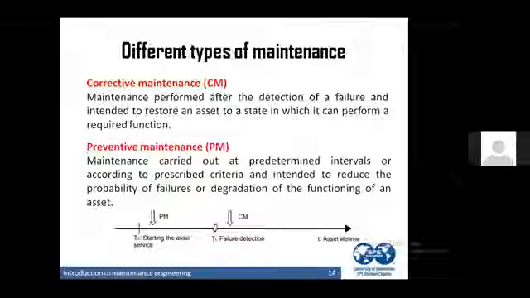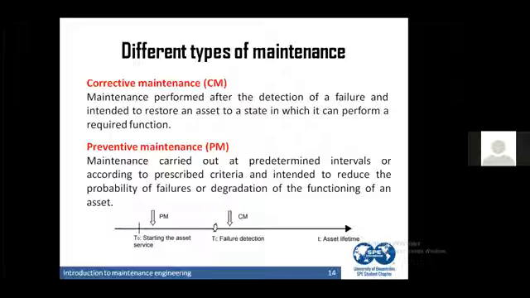In fact, those two terms define two types of preventive maintenance, and we will see them later on. So preventive maintenance is intended to reduce the probability of failure.